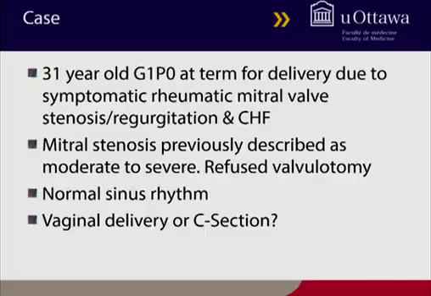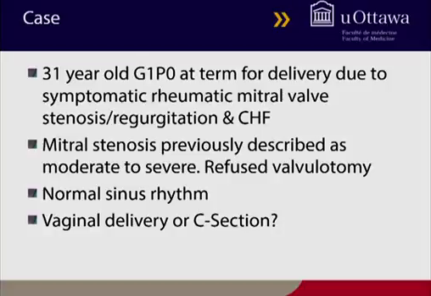I just want to illustrate with a case: a 31-year-old gravida 1 at term for delivery due to symptomatic rheumatic mitral valve stenosis and regurgitation, and she was already in heart failure. Now, the recommendation of doing the vaginal delivery and epidural would probably have worked, except she couldn't lie flat, and she was already in heart failure, and she was becoming increasingly symptomatic as the labor continued.